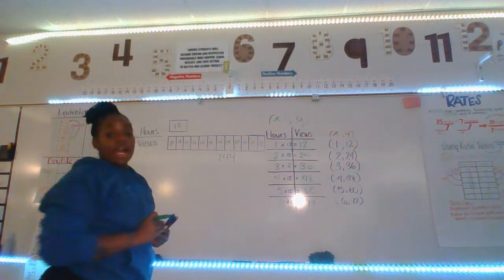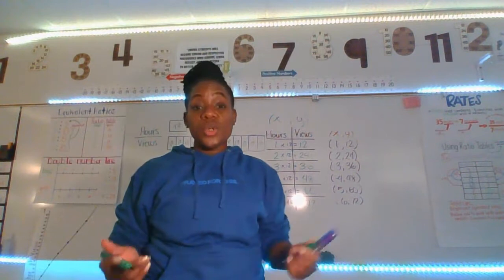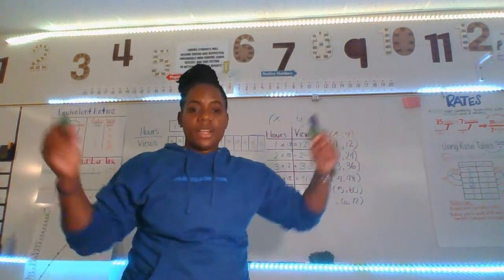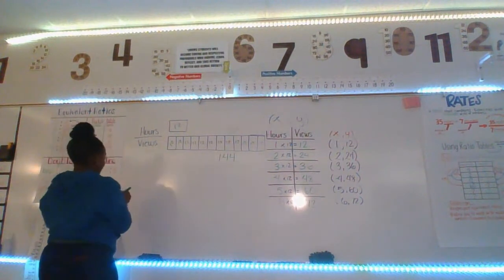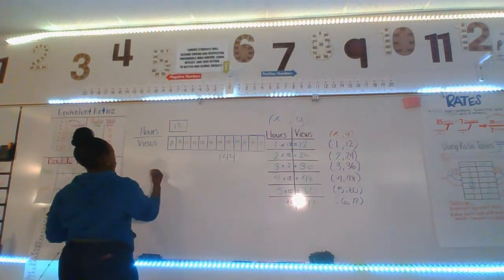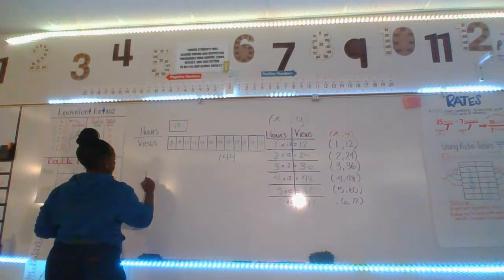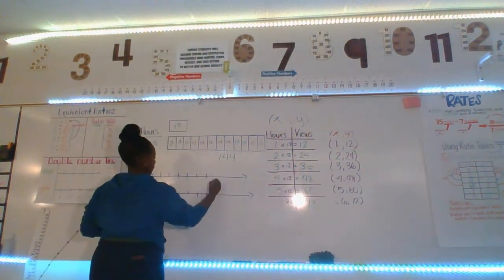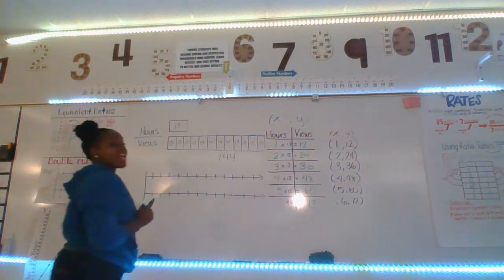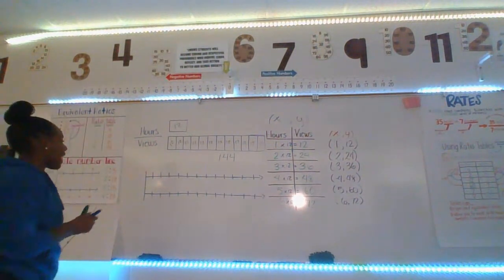144. Another way we can do this is using a double number line. The double number line is going to do the same thing to compare the 2. We're going to draw, it's going to look like this. 12 hash marks because we're representing 12 hours.